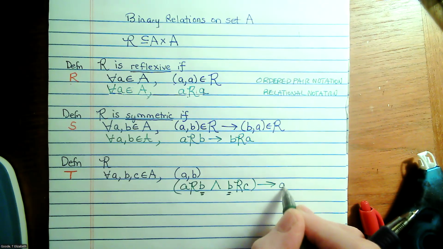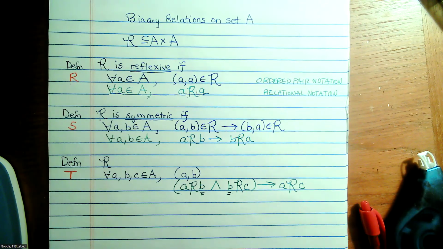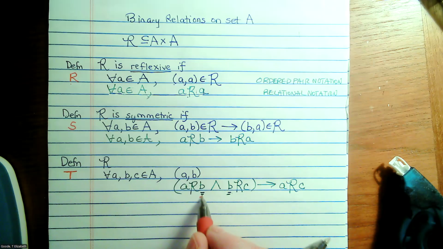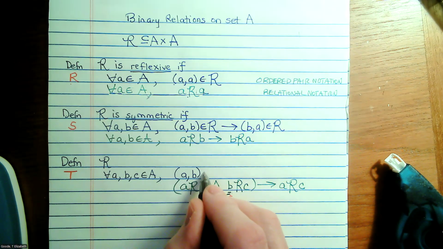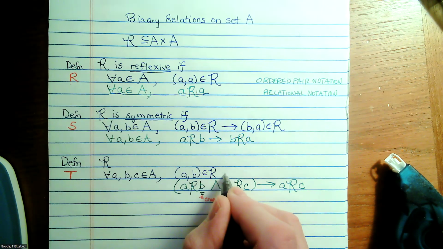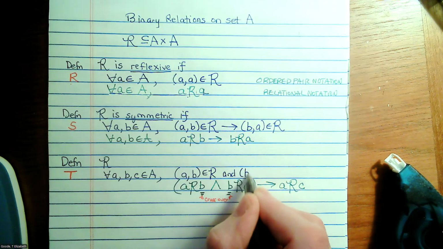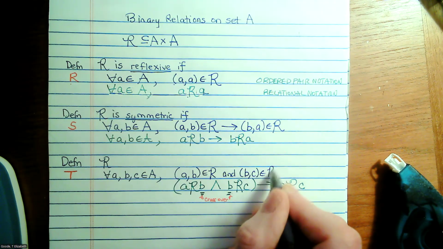And we're looking for A to be curly R to C. This is our crossover element. B is related to C. That means A must be related to C.